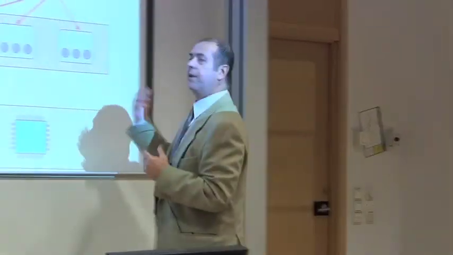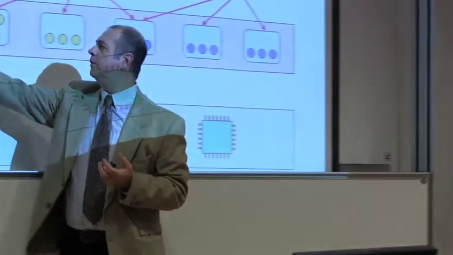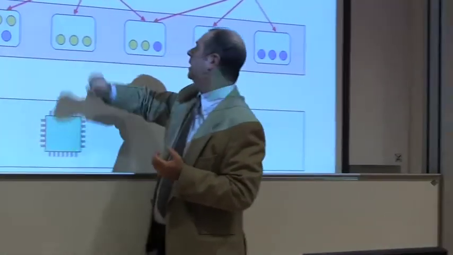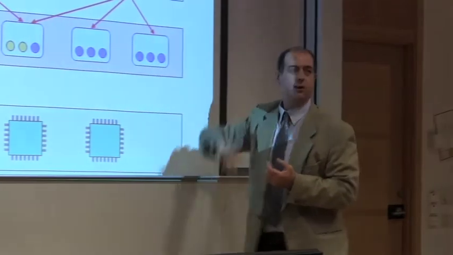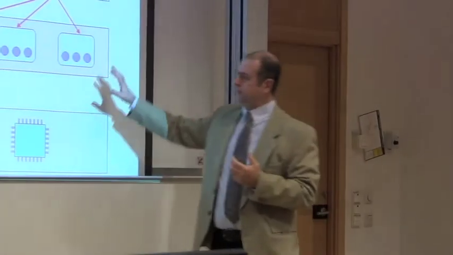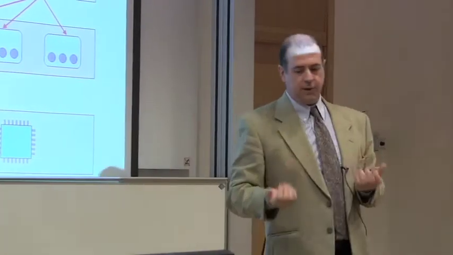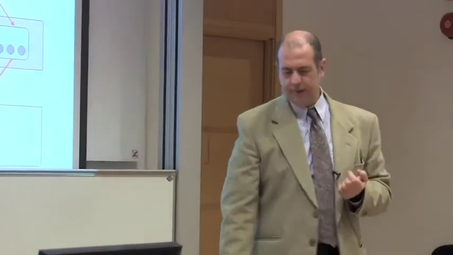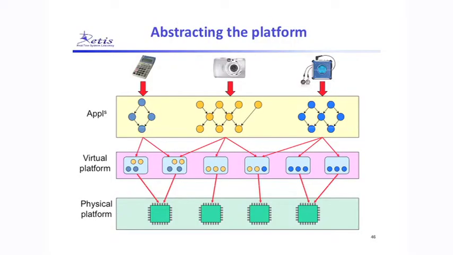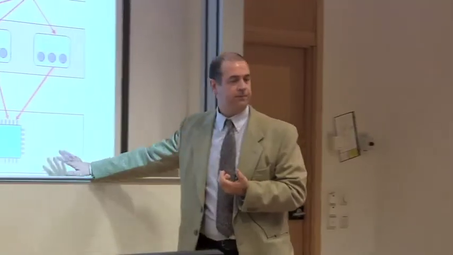Once we compute that, we realize that, for example, we need 2 virtual platforms for this, 3 for this, and 3 for this. And then finally, in the final step, of course, we perform the merging with the physical platform. And we may realize that these 2 can be merged into 1 core. And also these 2 can be merged into 1 core for this specific platform.